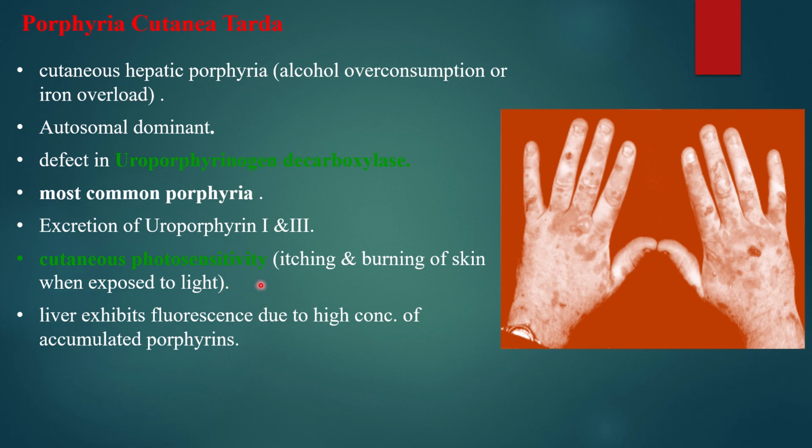Cutaneous photosensitivity is there, leading to itching and burning of the skin when exposed to light. The liver exhibits fluorescence due to a high concentration of accumulated porphyrins. These skin lesions are due to mass damage of lysosomes and leakage of lysosomal enzymes.